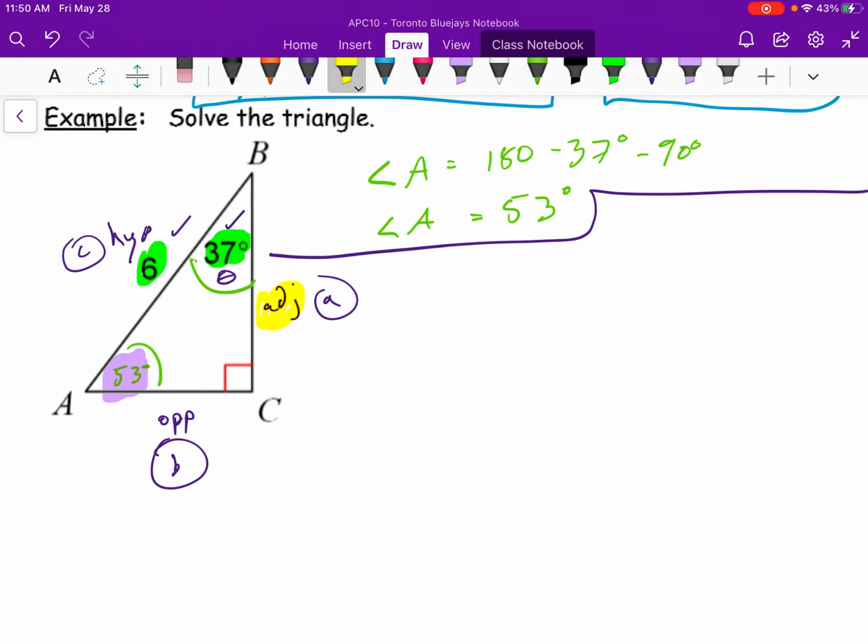If I want to find my adjacent, I would use my hypotenuse and adjacent. So that would be my cosine ratio. So cosine is equal to my adjacent over my hypotenuse. Now this way I'm using that 6 and that 37. So cosine of 37 degrees is equal to A over 6.